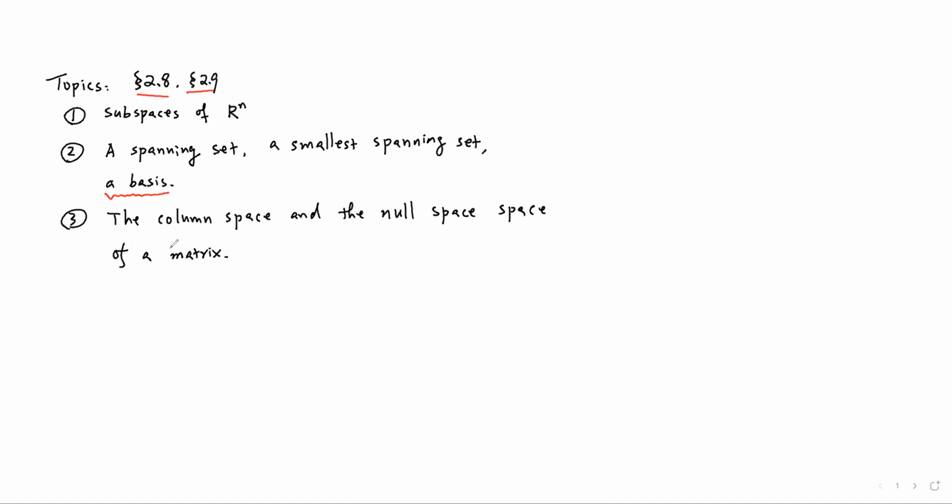And the third topic, associated with any matrix, there are two subspaces. One is column space, and the other one is null space. Take a review first.